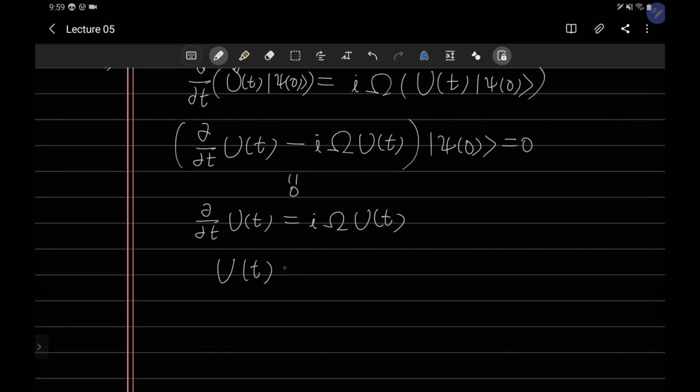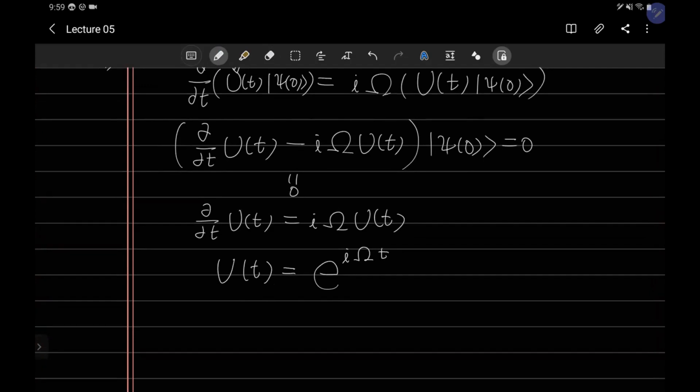U of t should have the form e to the i omega t. Yeah, so this is the very typical solution of the Schrödinger equation.